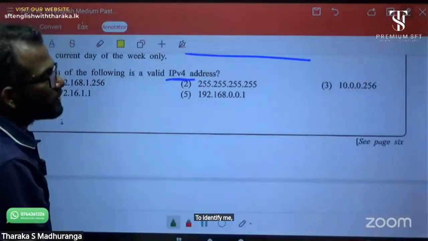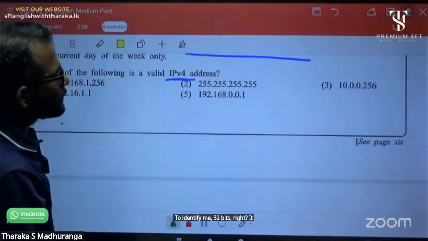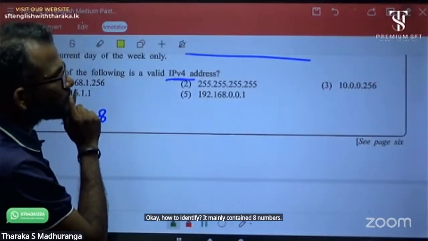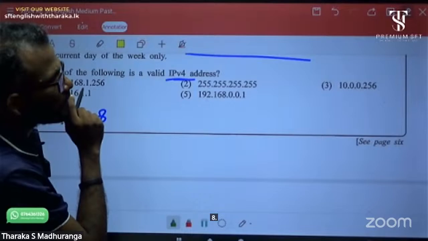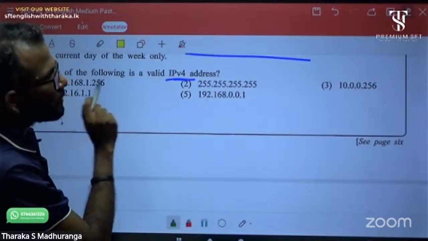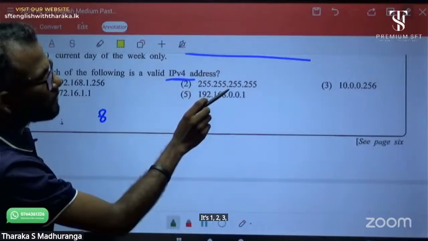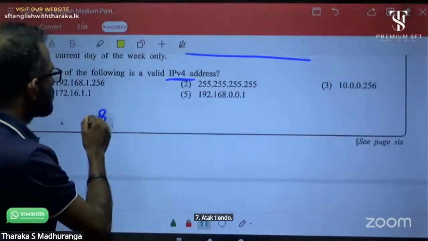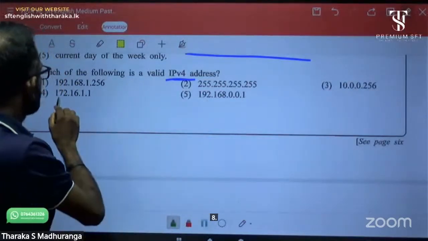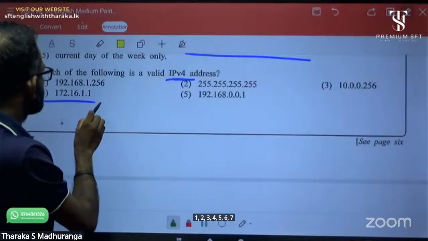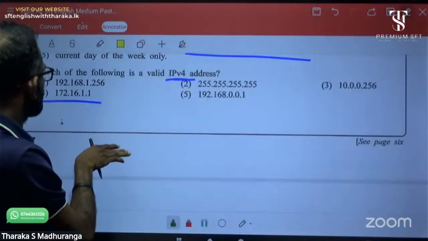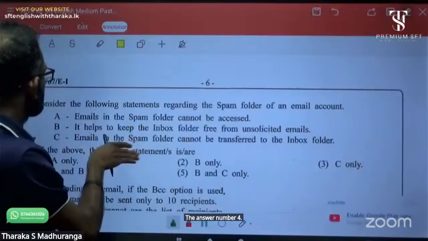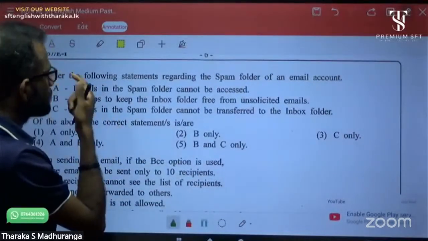How to identify? It mainly contains 4 numbers. 1, 2, 3, 4, 5. Yeah, the third one is wrong. 1, 2, 3, 4, 5, 6, 7, 8. Yeah, answer number 4. 32 bits.